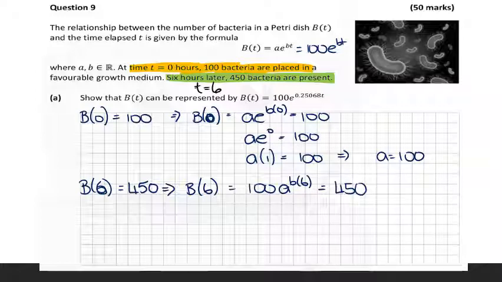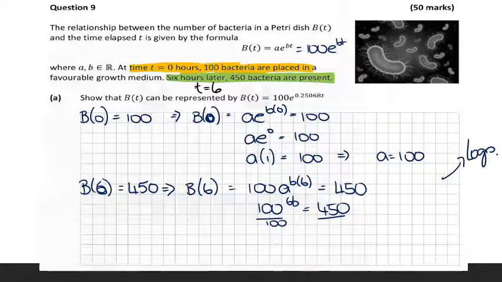Now I'm going to go through the motions of solving this, and I'm going to need logs. So we've got 100e^(6b) equals 450. I'm going to divide both sides by 100, and that's going to leave me with e^(6b) equals 4.5.